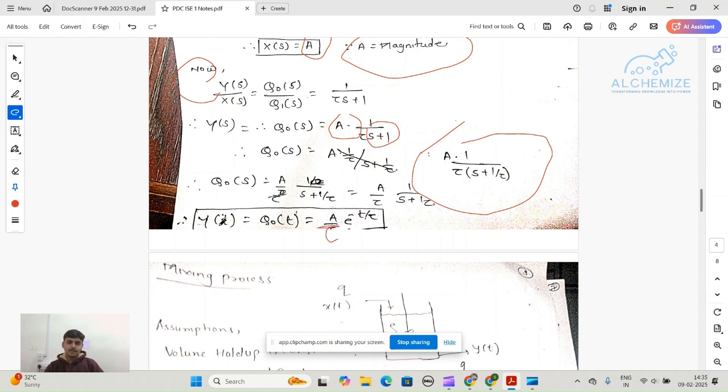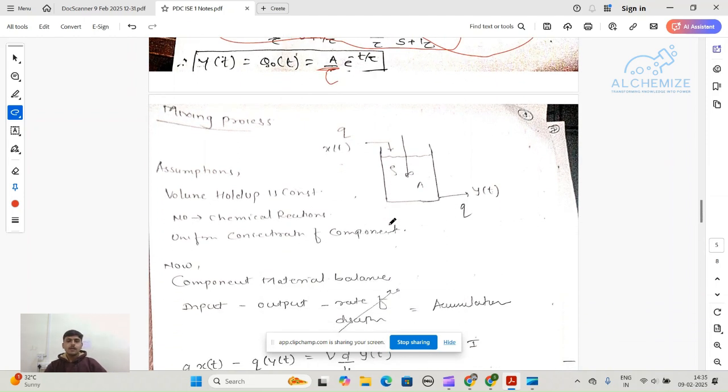A by tau is there. So my Q2, and this equation I got here, you can see that. And I take the inverse Laplace of it, and the inverse Laplace is a upon tau e raised to minus t by tau.